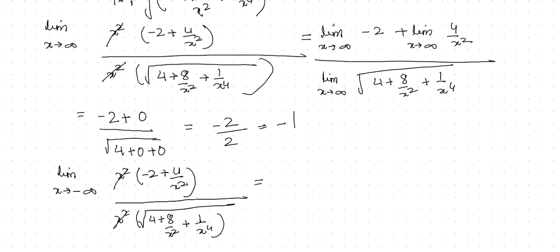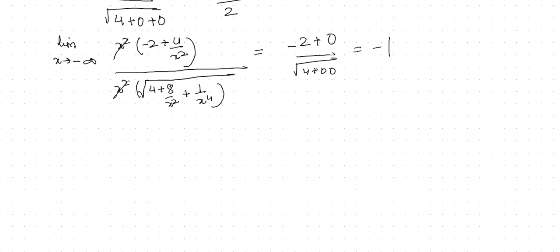It would again give us negative 2 plus 0 and 4 plus 0. So therefore the limit of the function as x tends to infinity and x tends to negative infinity is negative 1. So therefore the function has a horizontal asymptote at y is equal to negative 1.